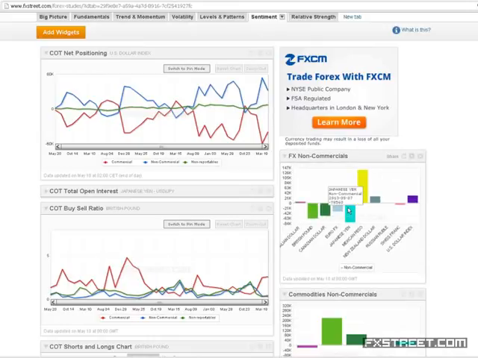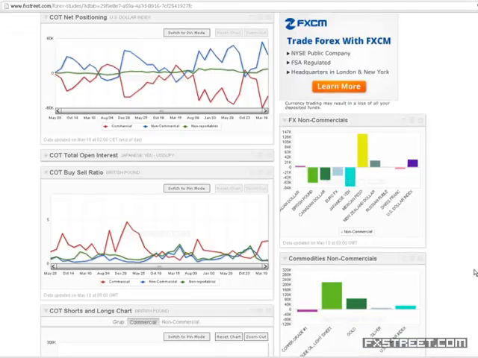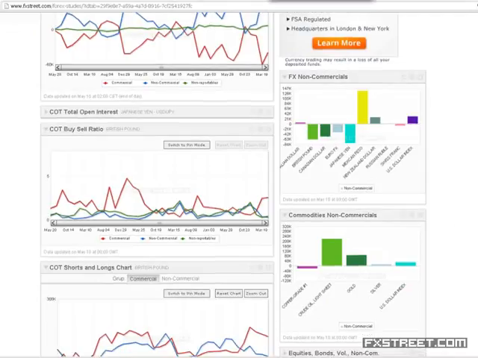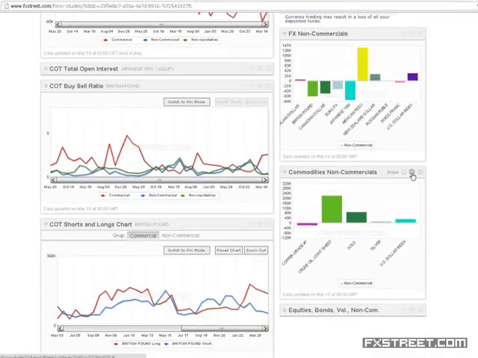And you have a bar chart where you can see where currently there is more extreme positioning in a comparative way. You may build each widget. You can open it as many times as you want, and properly insert the settings that you may need.